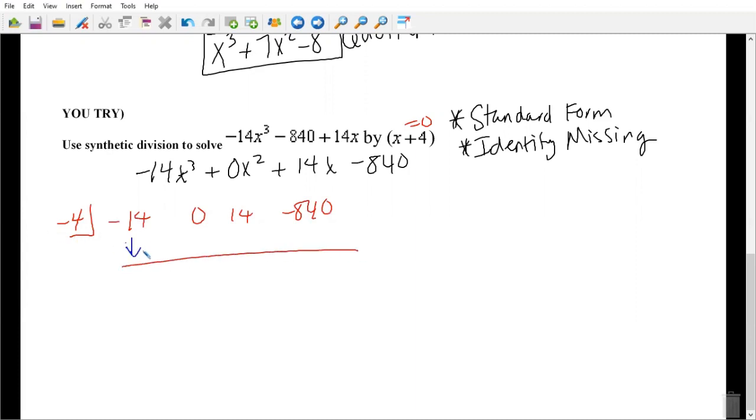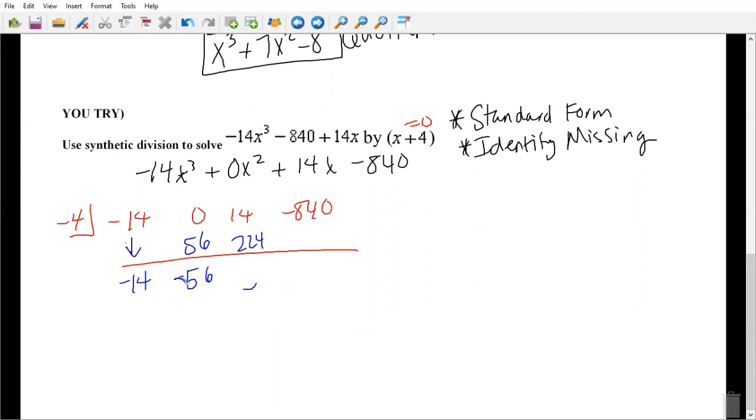I'm going to bring down -14. -4 times -14 was 56. 0 plus 56 is 56. -4 times 56 was what? 224. 14 and 224 made... I feel like I'm doing this wrong.